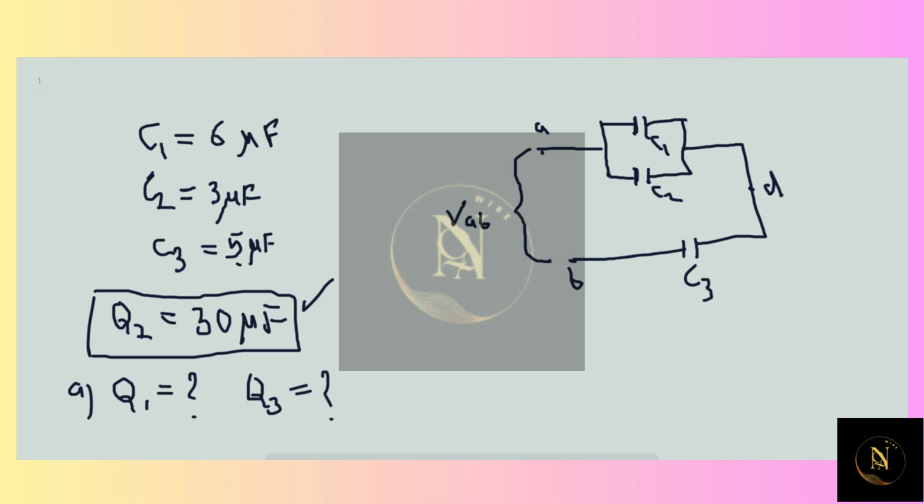So if you look at the problem, we see that capacitors C1 and C2 are connected in parallel, and capacitor C3 is in series with this parallel combination of C1 and C2. Since C1 and C2 are connected in parallel, we know that for a parallel combination of capacitors, the potential difference across each capacitor is going to be equal.